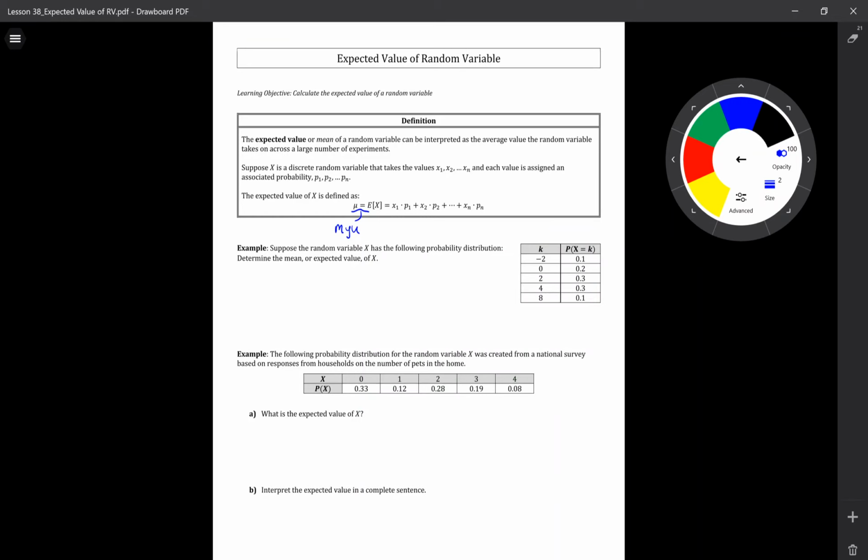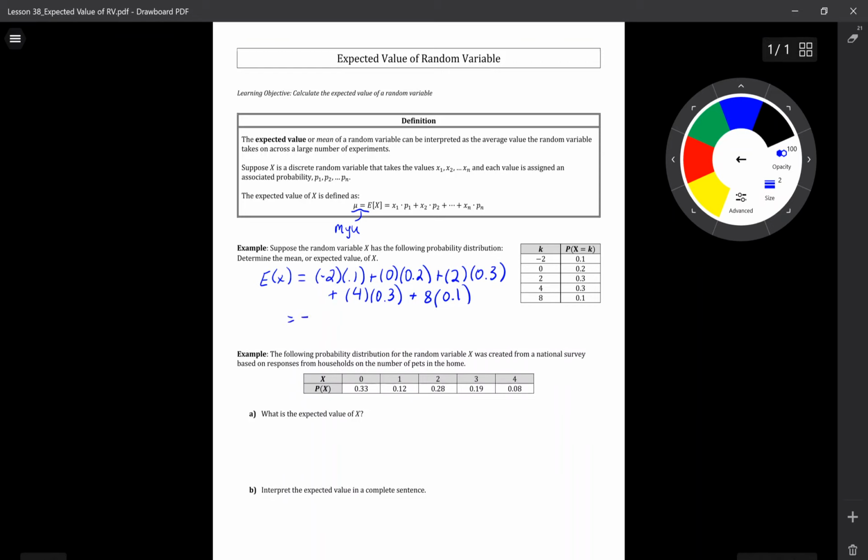To do that, I take each of my x values and multiply them by their respective probabilities, and I add them all up together. 0 times 0.2 plus 2 times 0.3 plus 4 times 0.3 plus 8 times 0.1.